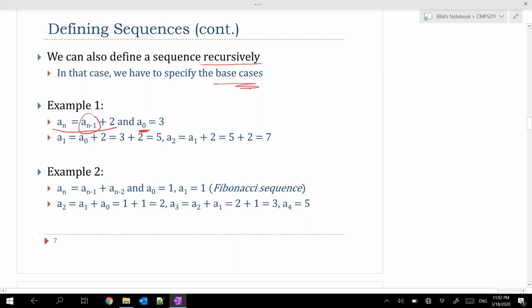In this case, once you have a0 and this formula, then you can calculate a1, because a1 is nothing but a0 plus 2, which is 3 plus 2, and finally is equal to 5. Once a1 is calculated, then you can also calculate a2, and so on and so forth.